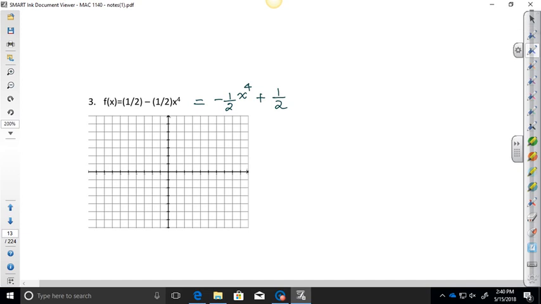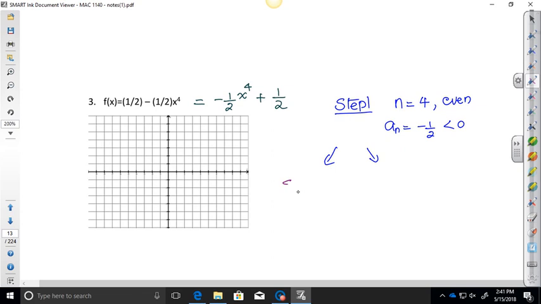Okay. Step 1. What is step 1? End behavior. Degree is 4, which is even. Leading coefficient is negative 1/2, which is negative. So, yeah, it goes down. That's how your graph is going to look.